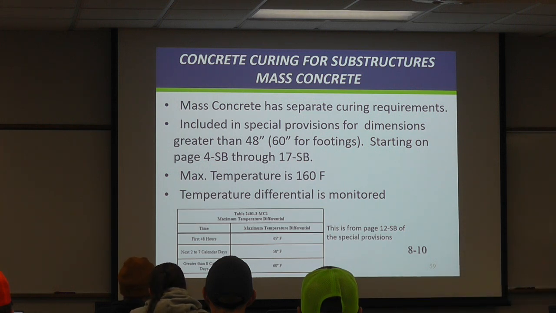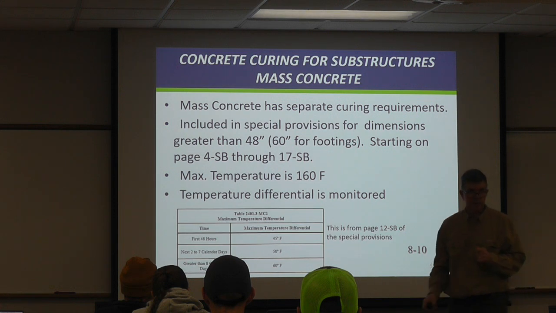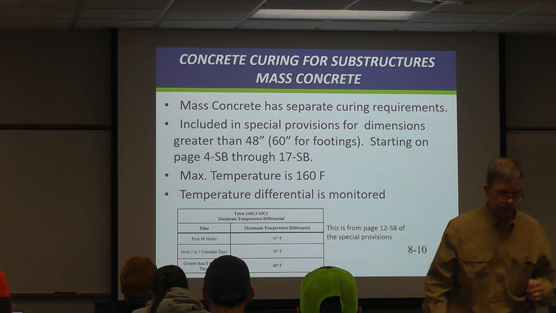We also want the max temperature to always be below 160. There's something that's called DEF, delayed ettringite formation. And if we say under 160, we don't see that. So we require on mass concrete for the contractor to instrument. And they'll use little things. Actually, I have one sample here, and I'll go get it.